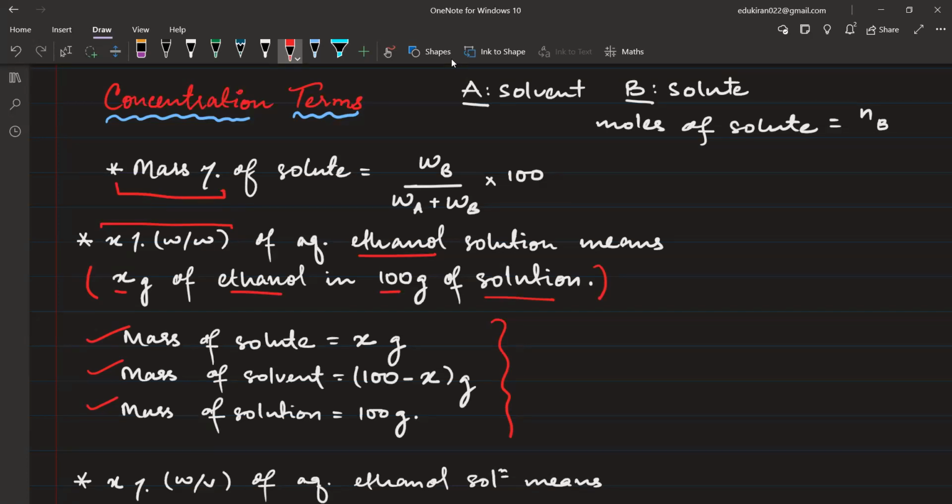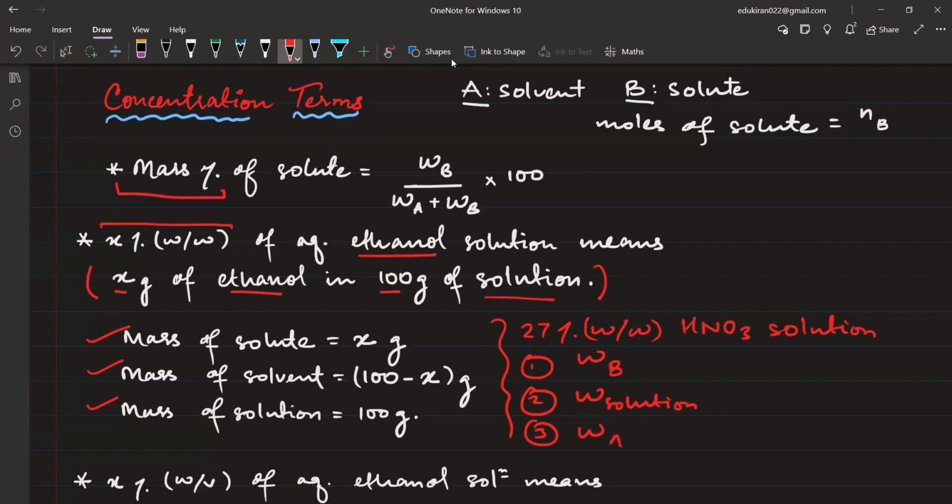Let us suppose you have a 27% W by W HNO3 solution. First of all, tell me number one, the mass of solute. Then tell me the mass of solution. When I write solution, that will not have any subscript. Third is the mass of solvent.